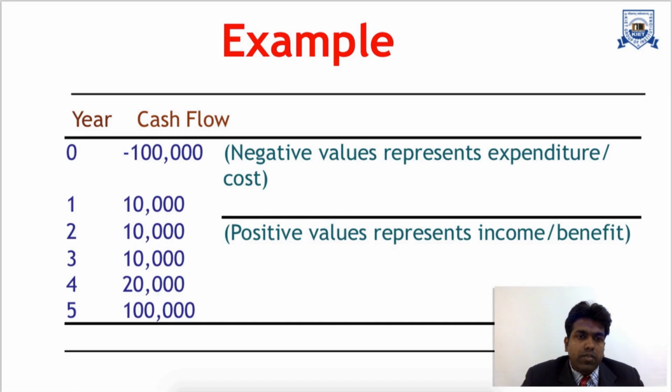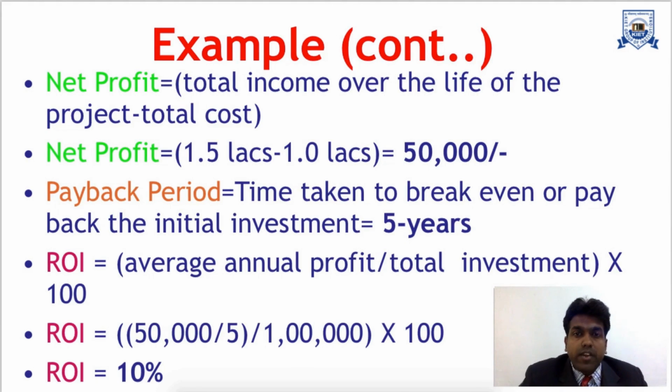When we add 50,000 and then 1 lakh, that means 1 lakh 50,000 is the benefit which we got from first year to fifth year, and the cost which was involved is 1 lakh.